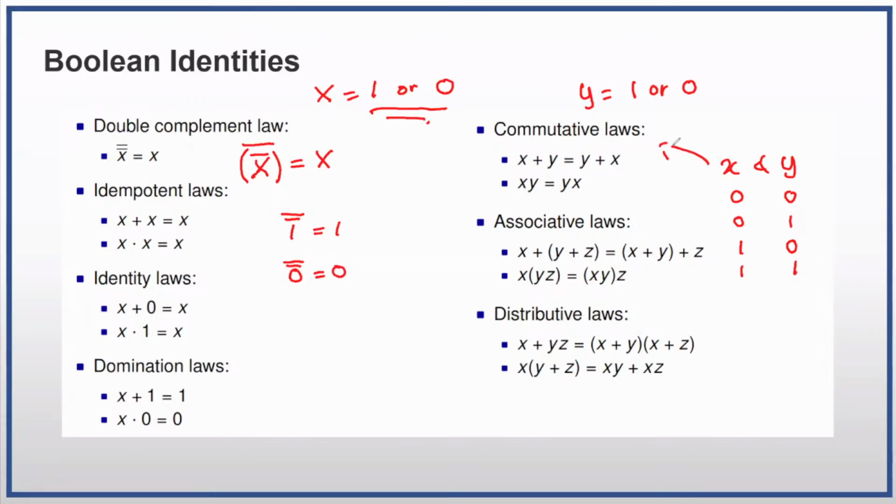The commutative law means that in addition and multiplication you can interchange those inputs. x plus y is equal to y plus x, and x dot y is equal to y dot x.